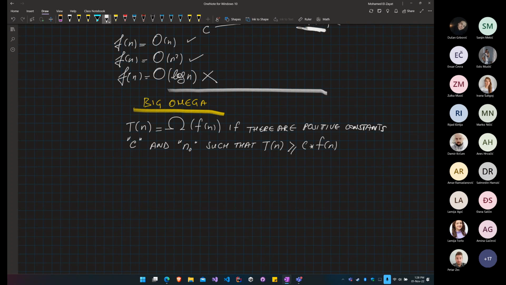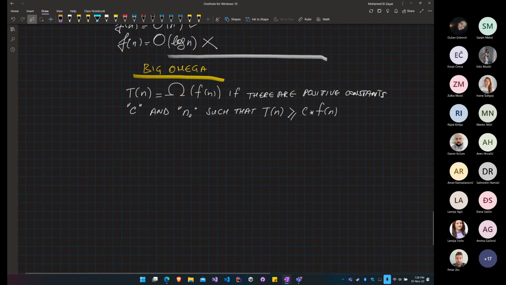Now here's the interesting part. You see, it's just the opposite, right? That also means that if you have an input and you get an execution time less than the actual input, then this is a big omega.